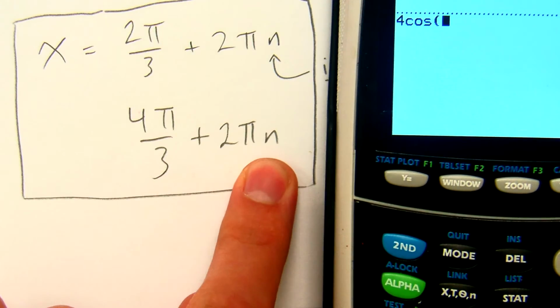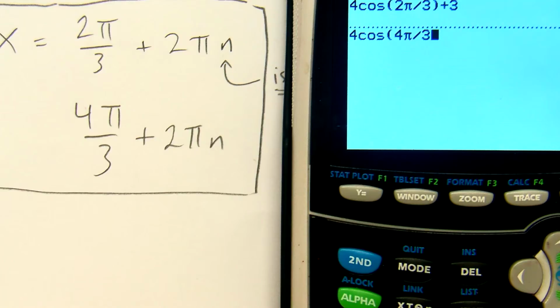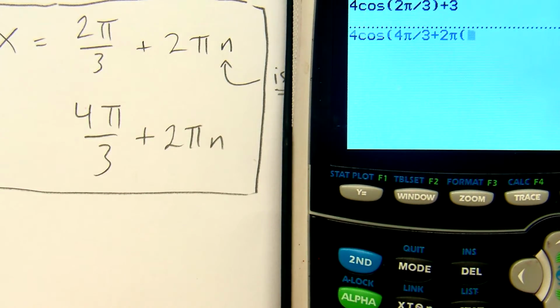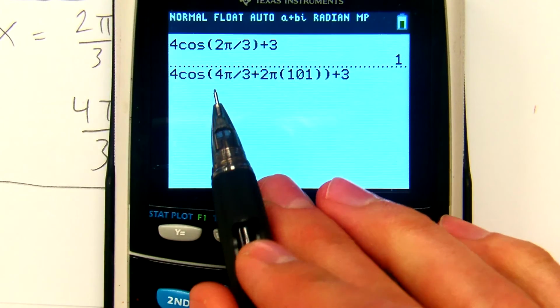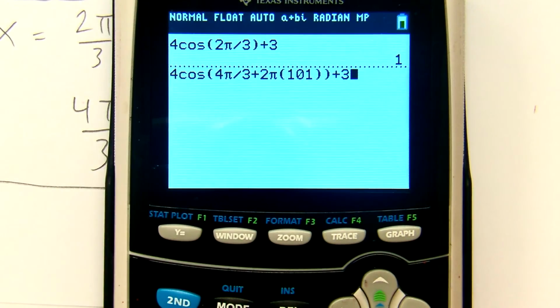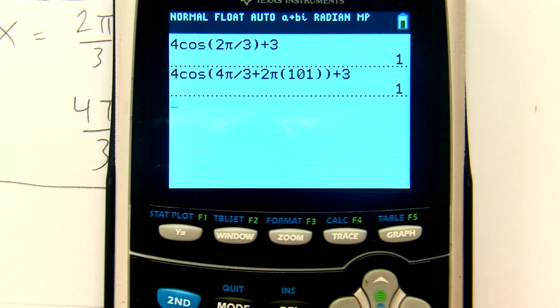Okay, so I'm going to plug in 4 pi over 3 plus 2 pi times 101. Any integer I pick would work, plus 3. So I'm plugging in a solution for 4 cosine of x plus 3 equals, and I'm hoping it will equal 1, let's see. And it still does, okay? Any integer I pick will give me a solution as well.